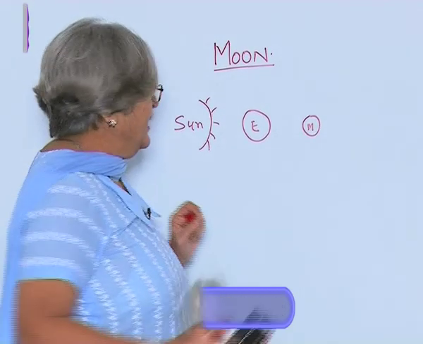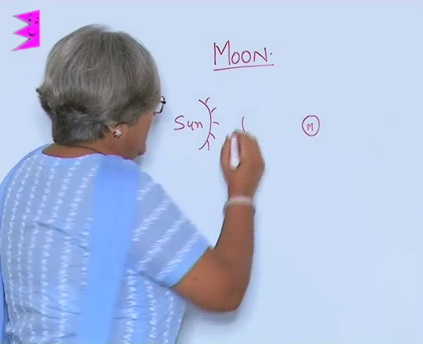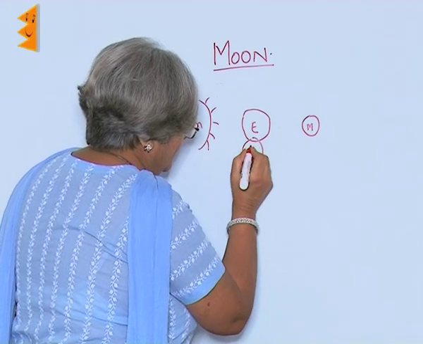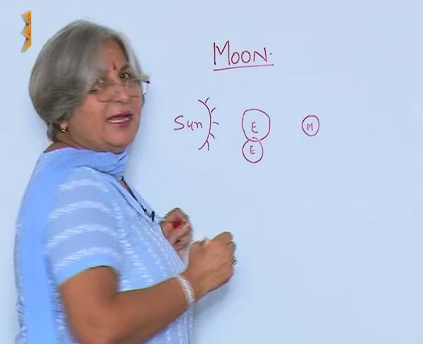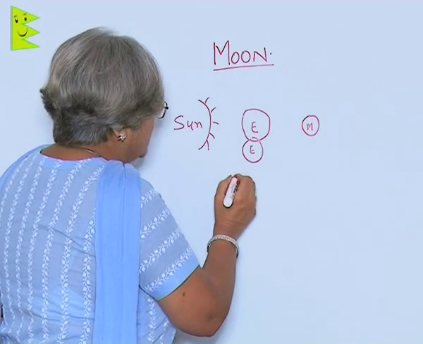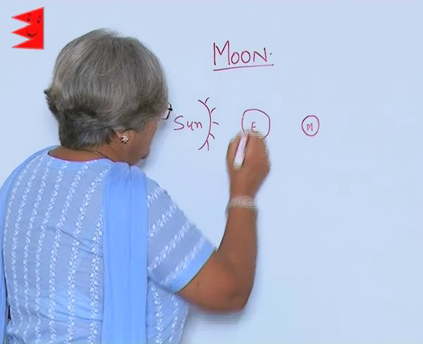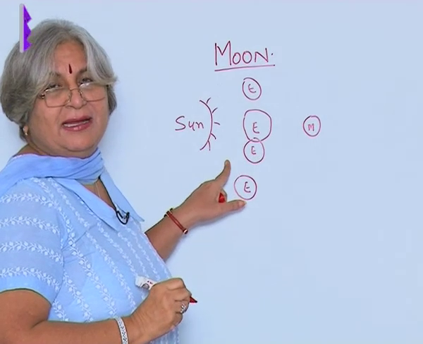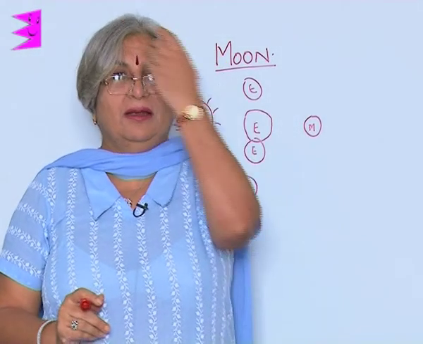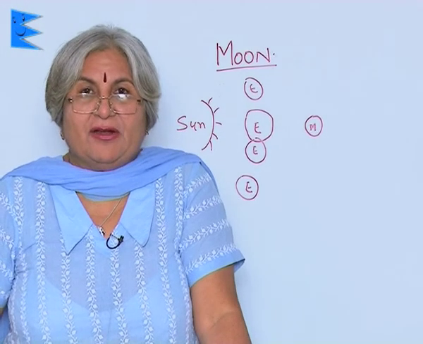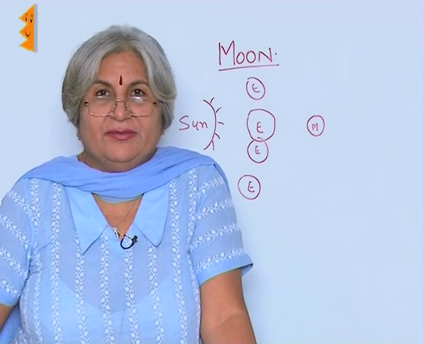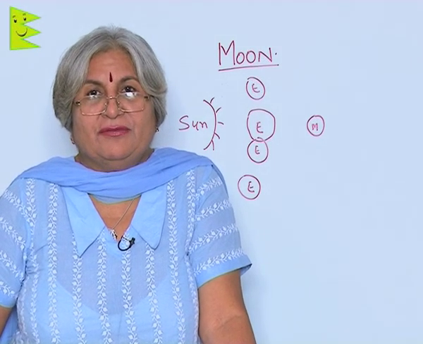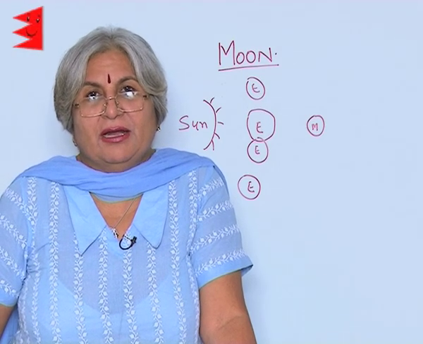But if the earth is a little this side, then at least this much part of the moon can be seen. So because the earth is actually moving, if the earth is not coming in the same straight line, then we can see the full moon, and if it comes in a straight line, then we cannot see the moon, and if it is partly covering the sun, then we can see part of the moon. So the phases of the moon are because of the revolving of earth and moon around the sun.